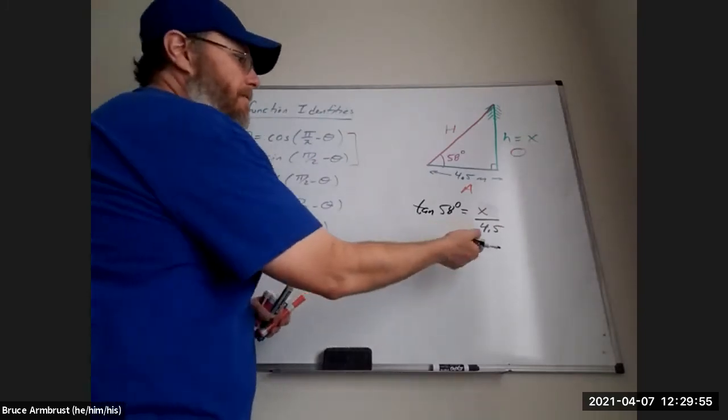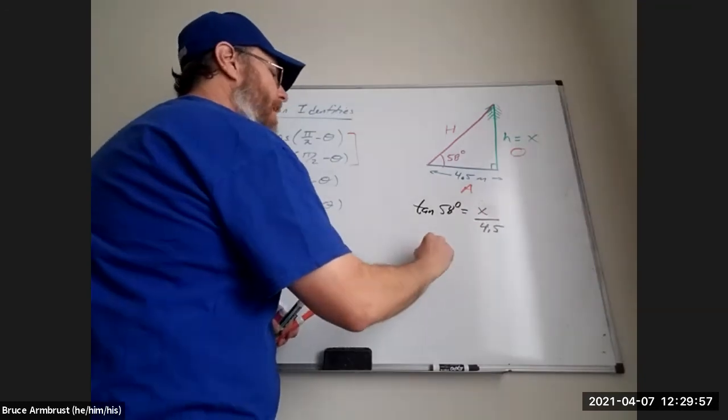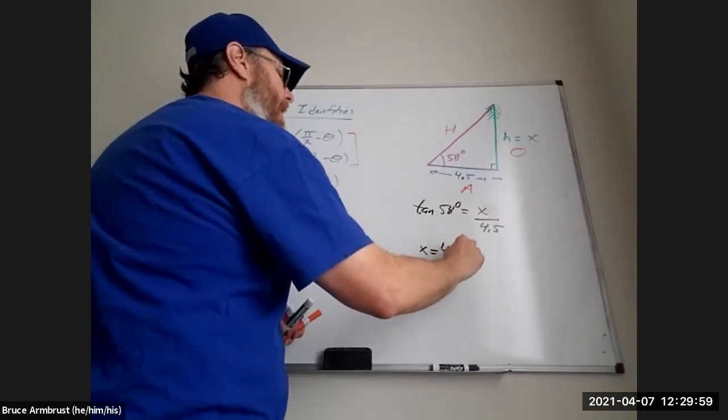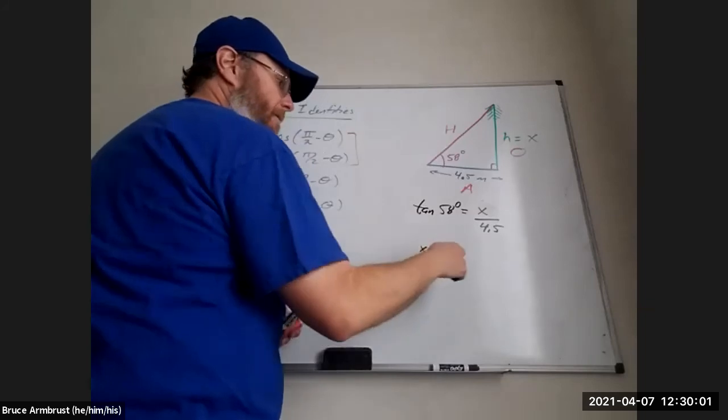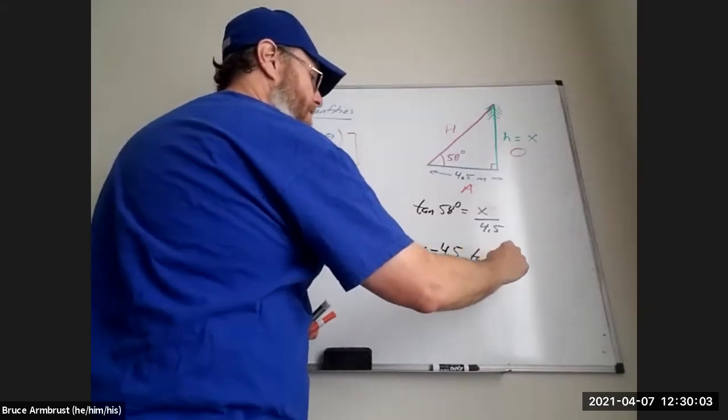So if I want to solve this for x, I just have to multiply by 4.5. So I'm going to get x is equal to 4.5 times the tangent of 58 degrees.